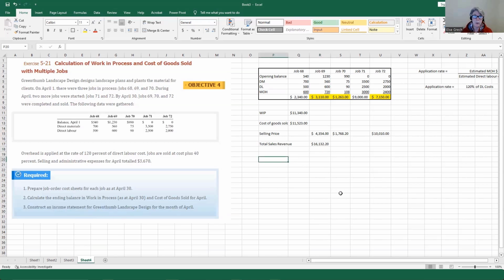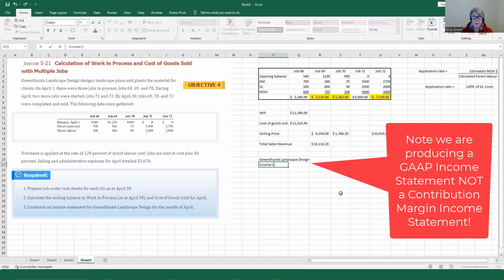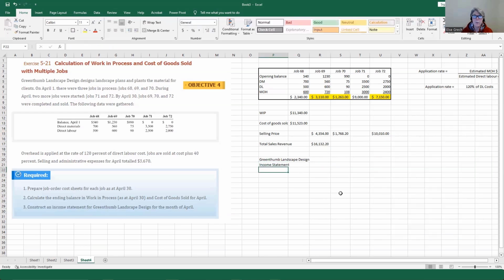So let's create an income statement. We're going to start with the company name, Green Thumb Landscape Design, and it is an income statement for the month ended April 30th. We're going to start, of course, with sales revenue, and we know what it is because we calculated total sales revenue right here.